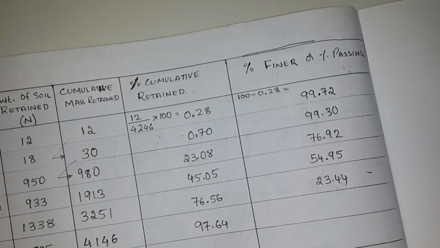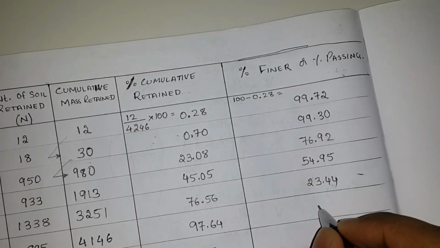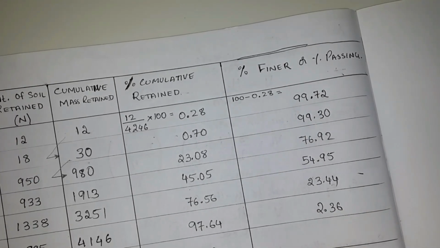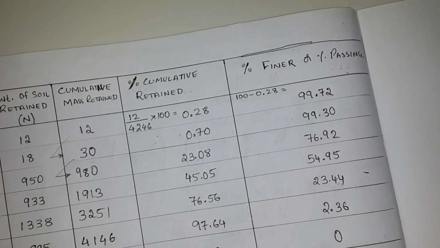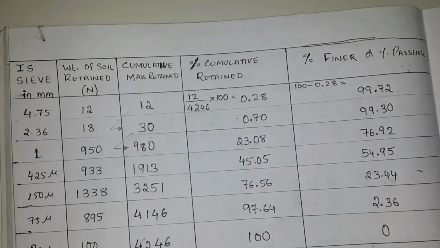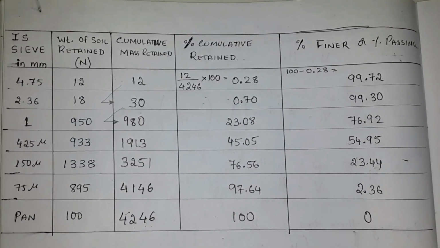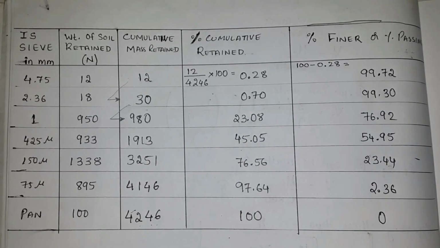Next, 100 minus 97.64 gives 2.36. Last value, 100 minus 100, is 0. This is how we got the values. Finally, we constructed this table.